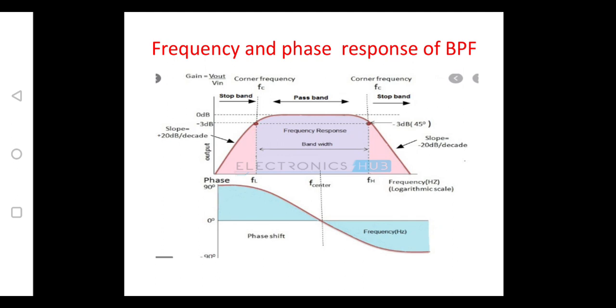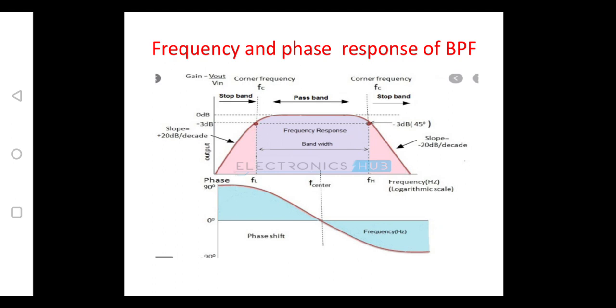These are the frequency responses of a band pass filter, in which the pink shade represents the stop band. Here we have two cutoff frequencies, FL and FH. The frequencies less than FL are rejected and greater than FH are also rejected. It passes the frequencies between FL and FH.